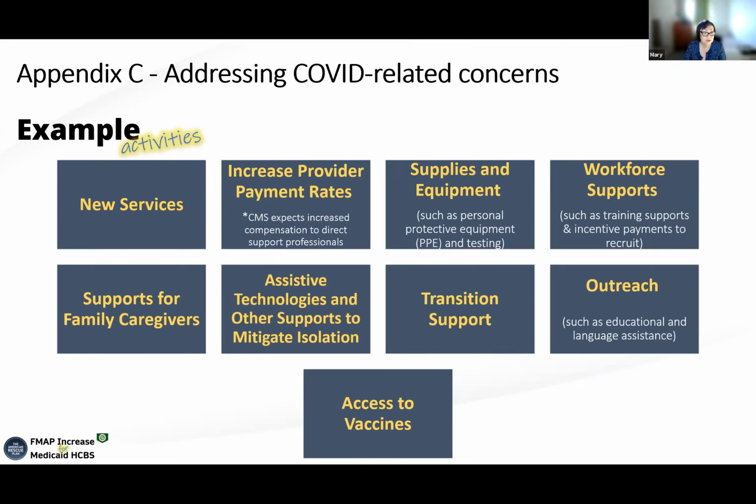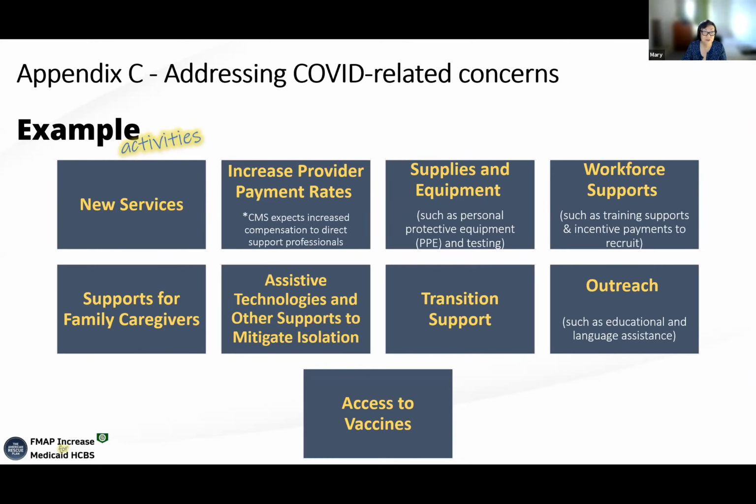So in the guidance that CMS issued, there are a number of appendices, but two of them really apply to those types of activities that states can consider in planning for use of the funds.